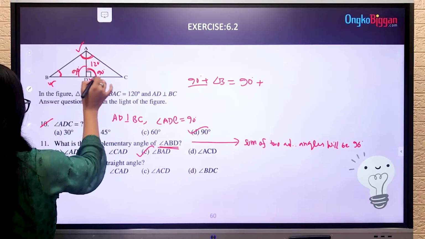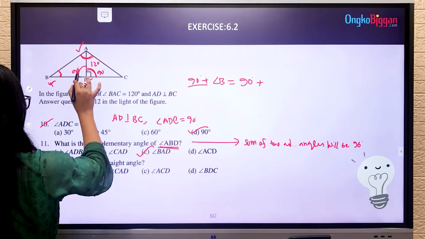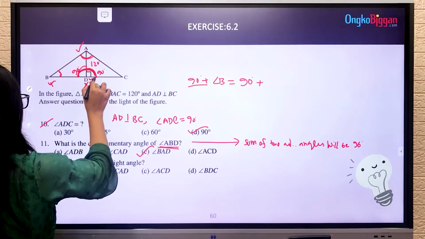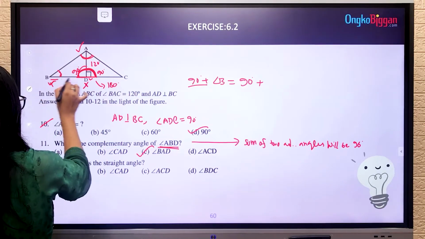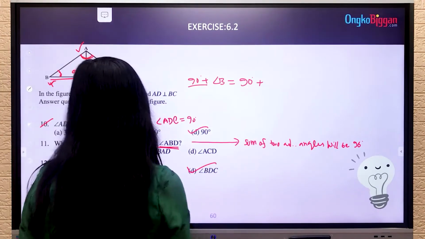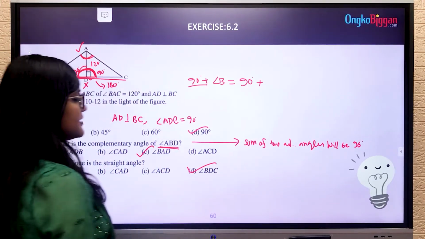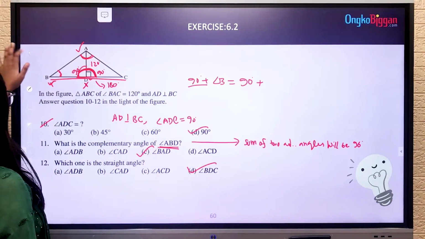Then these two are 90 degrees each. 90 degrees plus 90 degrees, the total angle is 180 degrees. That means our angle BDC is equal to 180 degrees and it's a straight angle. So I hope you are clear.